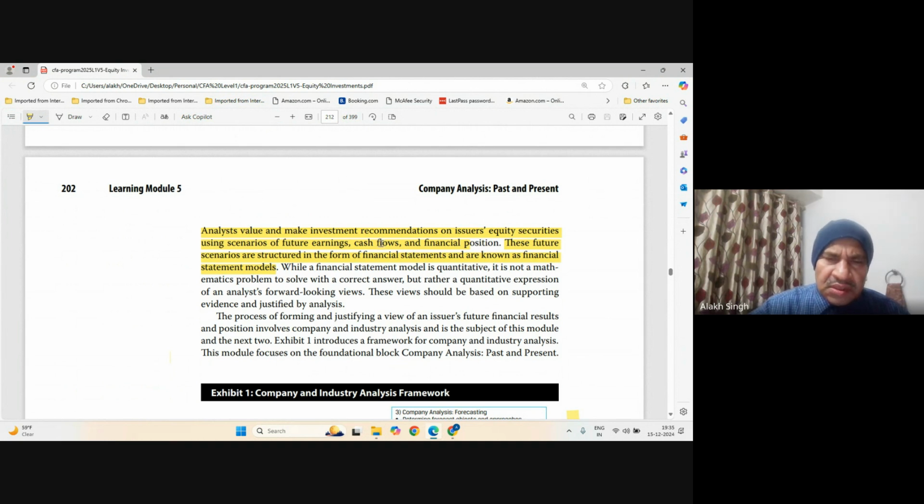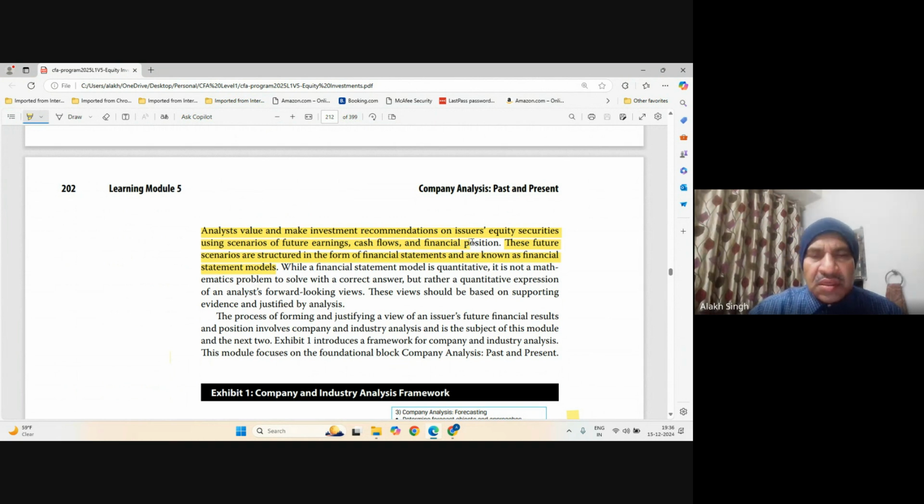So it is the discounted value of free cash flow to the firm that determines the value of the firm. Definitely this cash flow analysis will be done in the cash flow statement. Then future earnings will be the current revenue and projected revenue in the income statement, and financial position is in the balance sheet.